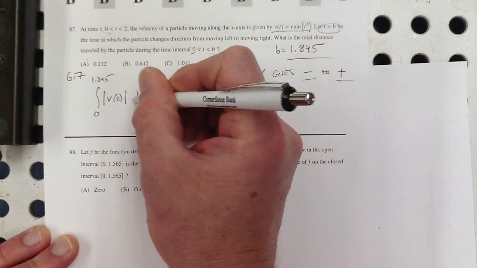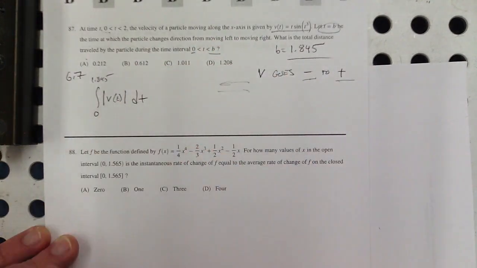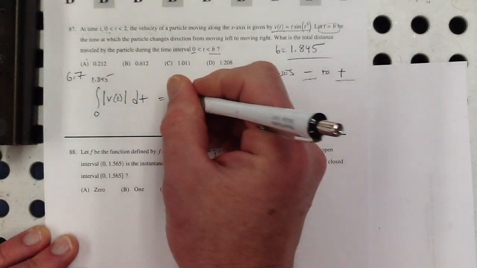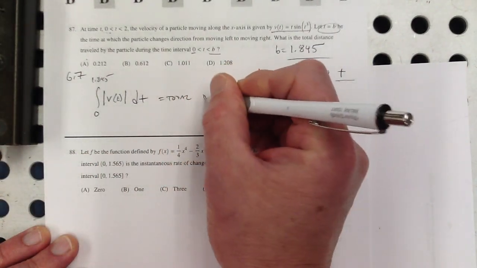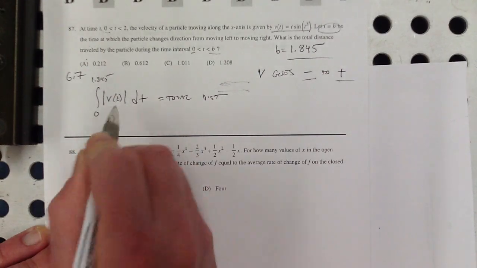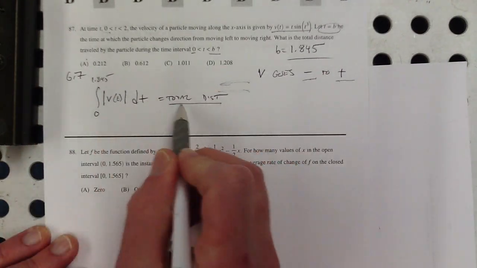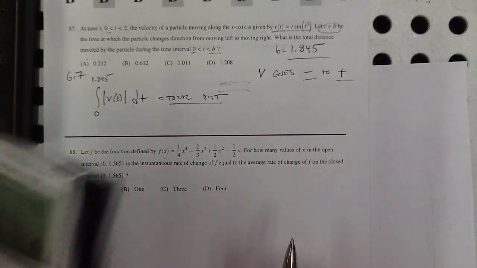Those absolute value signs are key. If you don't put the absolute value signs in there, then you're finding displacement, not total distance. So that's the difference between displacement and total distance. Total distance is always positive, so that's why they're there.